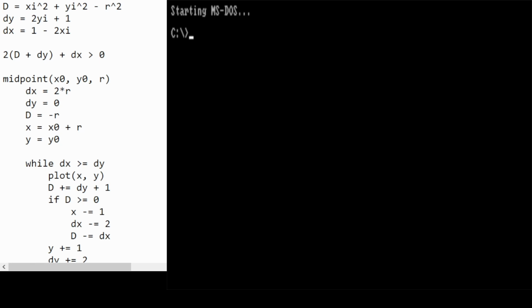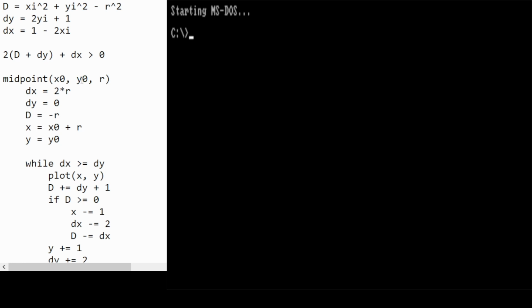The other thing that I glossed over is that in the derivation the center of the ellipse was 0, 0. But when we go to draw an ellipse on the screen, we really want to be able to put it anywhere. So the center would be at coordinates x0, y0, and those would be passed into our ellipse function.